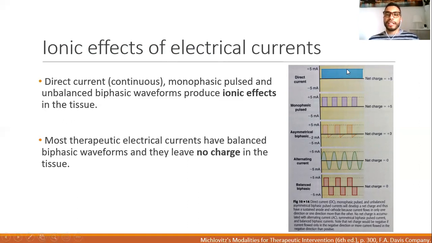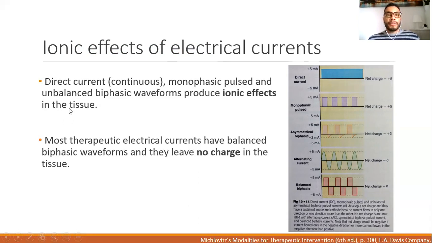And this unidirectional flow of charges causes net charges or ionic effects to the tissue. So that's why direct current is, for example, used for tissue healing, because of the net charge that it creates.